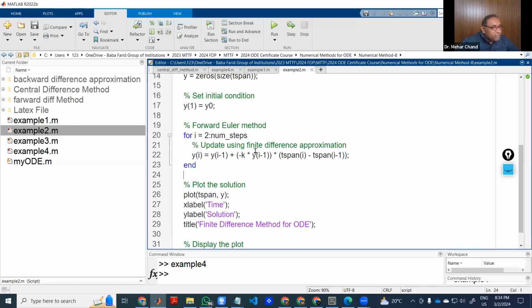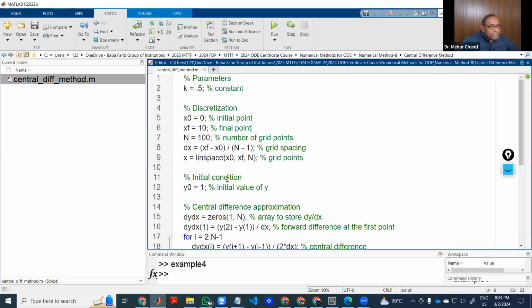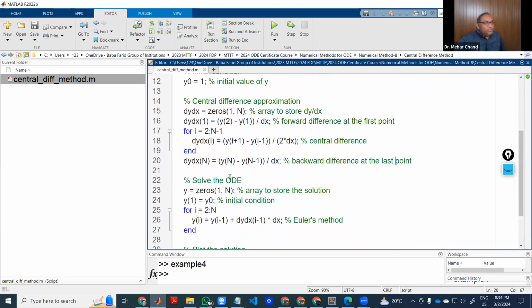Sorry, this is related to the forward, this is the same method. Come to this file. This is also the central difference, but the way to compute or implement the method is different. See here, dy dx is equal to zeros 1 to n, and dy dx is equal to y2 minus y1 upon dx.